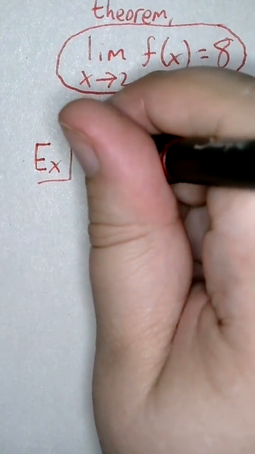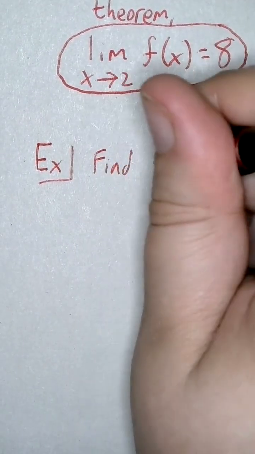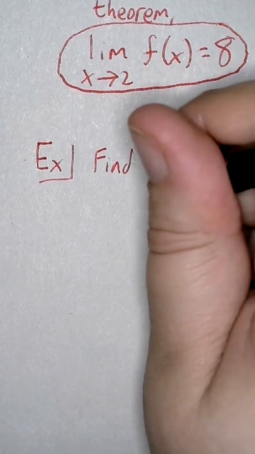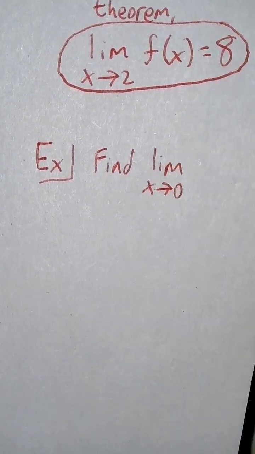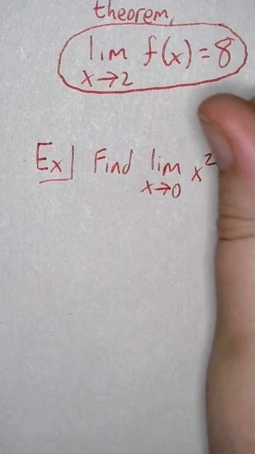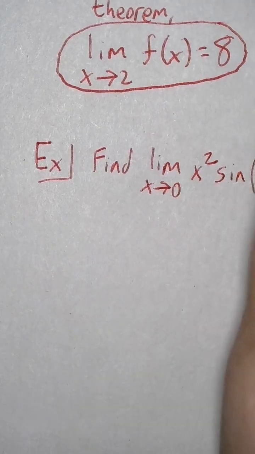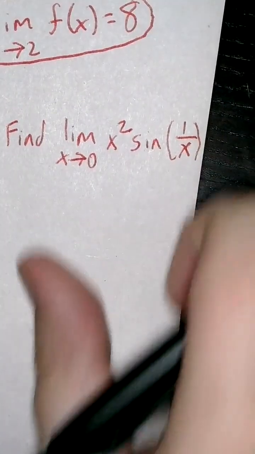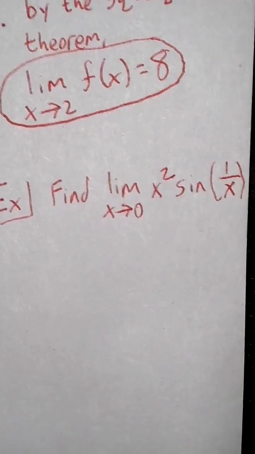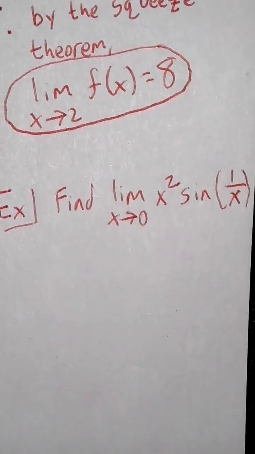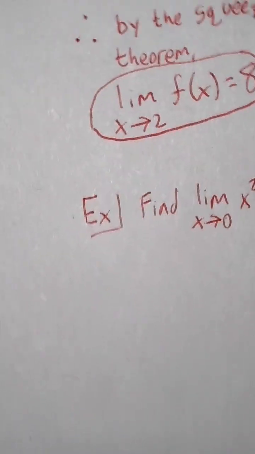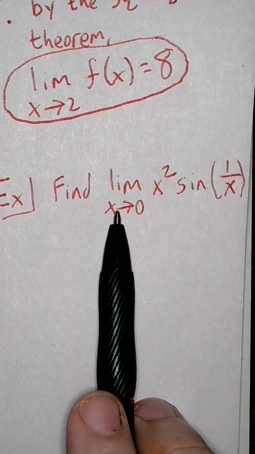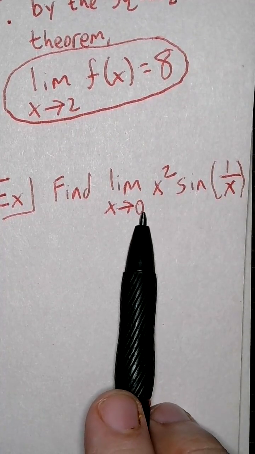Find the limit as x approaches 0 of x squared times sine of 1 over x. So I'm going to say this for the remainder of the evening. Actually, I need to readjust my camera. There we go. So for the remainder of the evening, my x value that I'm going to approach is 0.